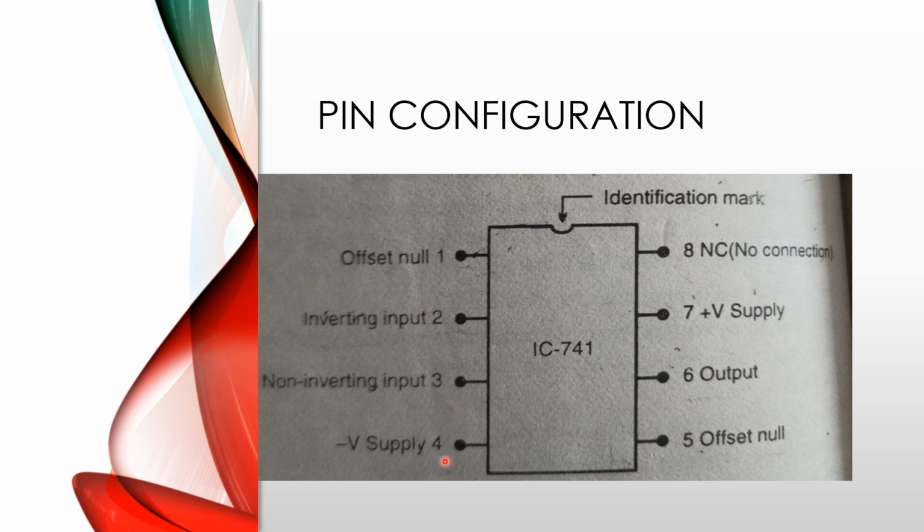In 4 we apply the negative supply, 5 is for offset null condition, 6 is the output terminal, 7 is the positive supply voltage, and 8 is no connection. So this is the pin configuration of the op amp, and the IC chip number is 741.